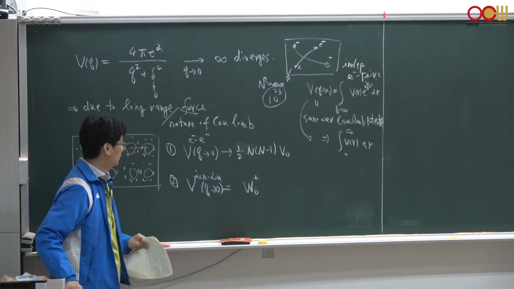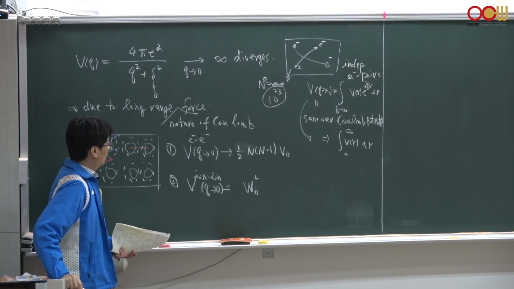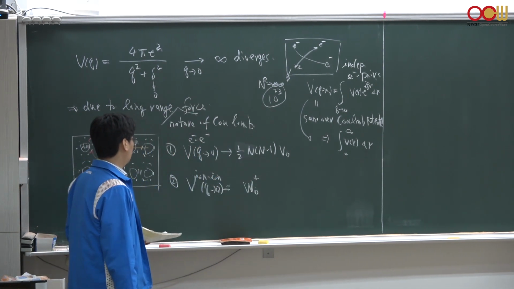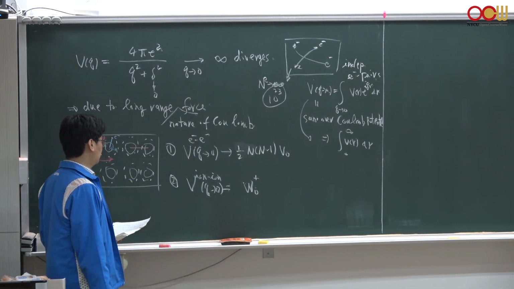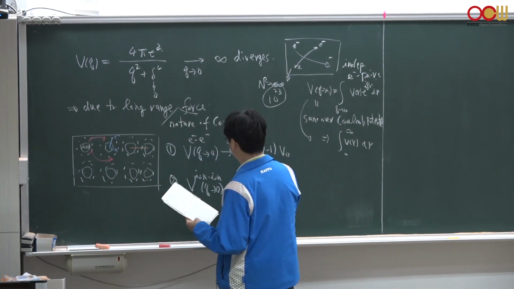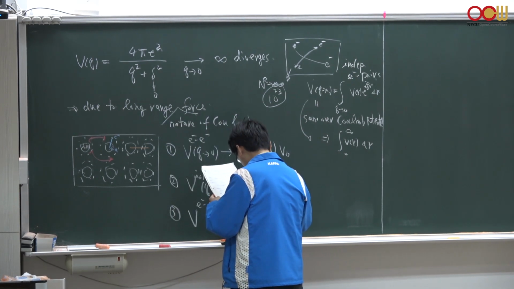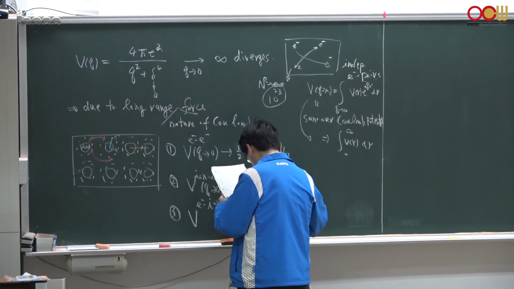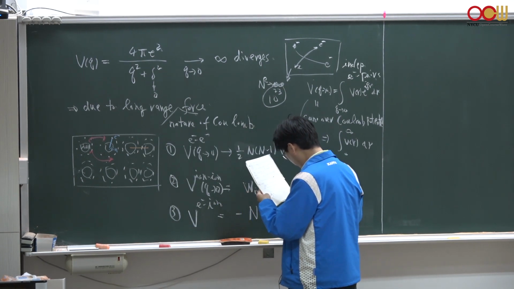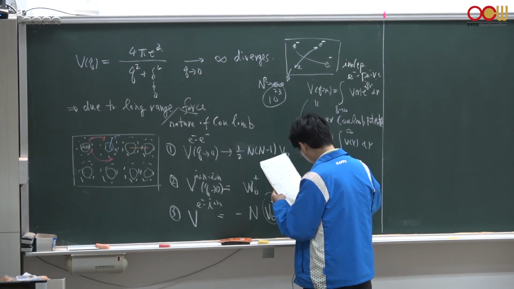This is simply the sum of all Coulomb energies between all pairs of electrons, so that many pairs, n times n minus 1, contribute to this Coulomb energy. And then you get electron-ion, which is minus n times V0 plus, where V0 plus is the average positive charge.